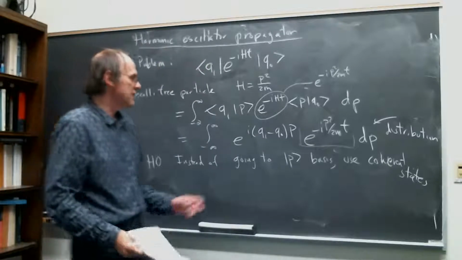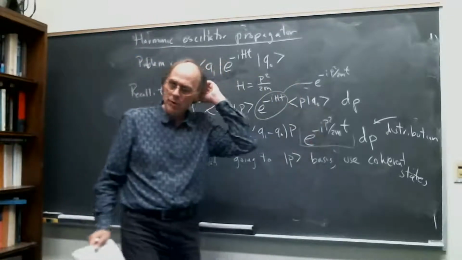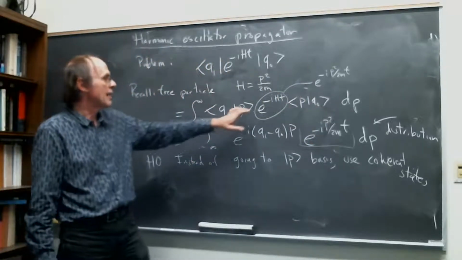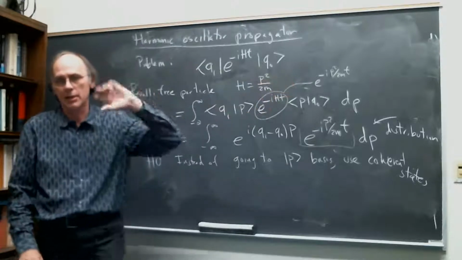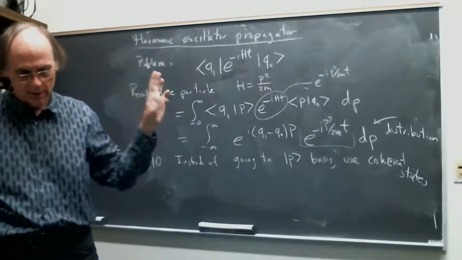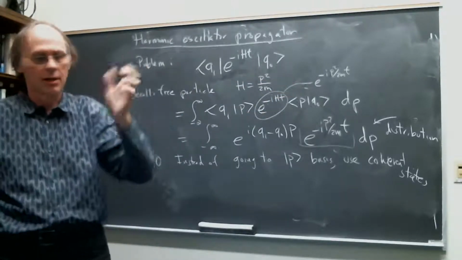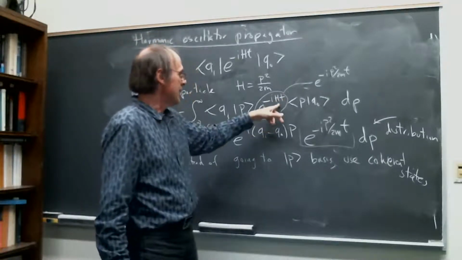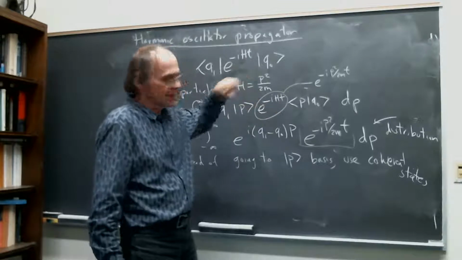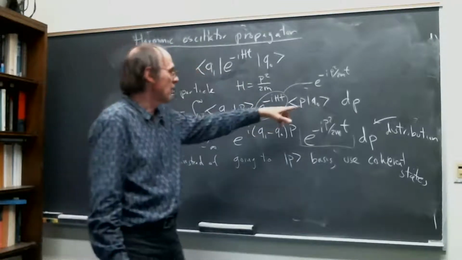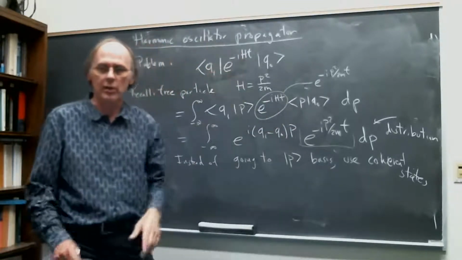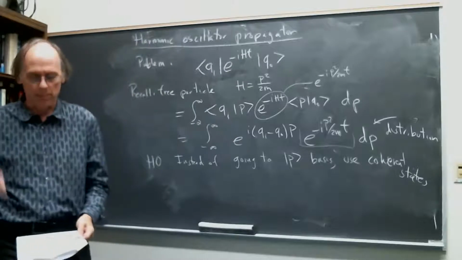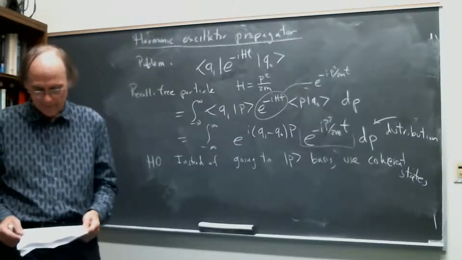I think last time I wrote down what happens with the Hamiltonian acting on a coherent state. Up to a phase, it rotates the complex number in the complex plane the way that q plus ip would evolve.